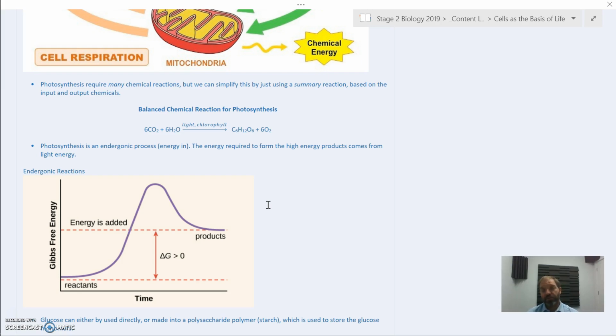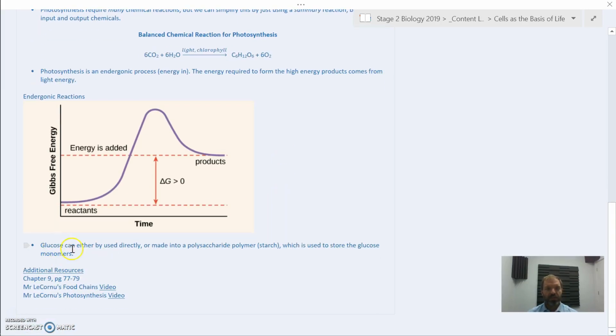And the reason for, of course, doing photosynthesis is to create glucose with high energy bonds in it that plants or things that eat plants can then extract that energy later on and use it for cells. So in terms of plants, the glucose is either used directly or stored by polymerizing that glucose into long chains that we call starch.